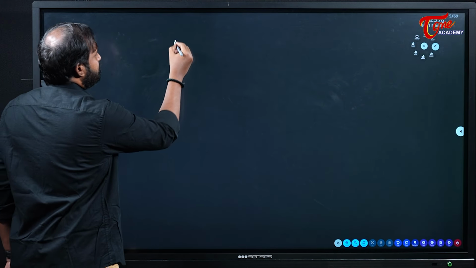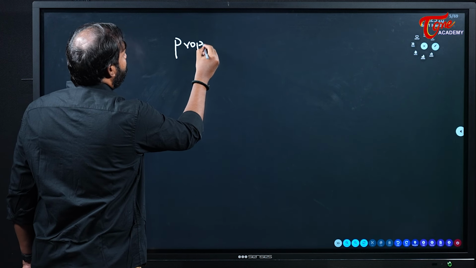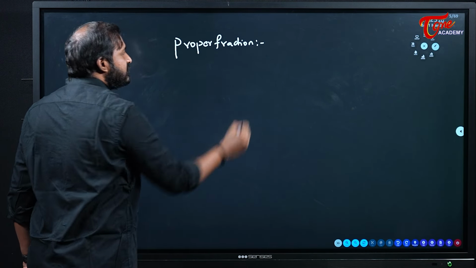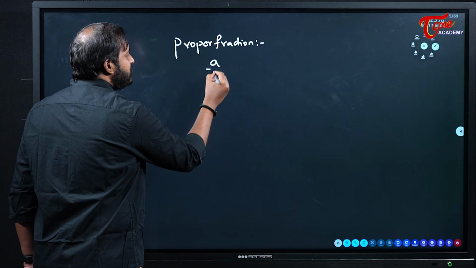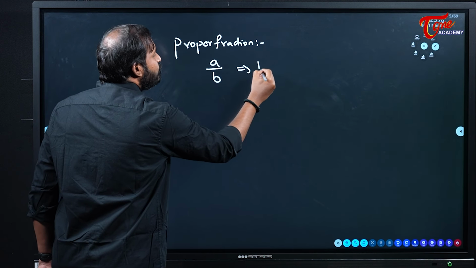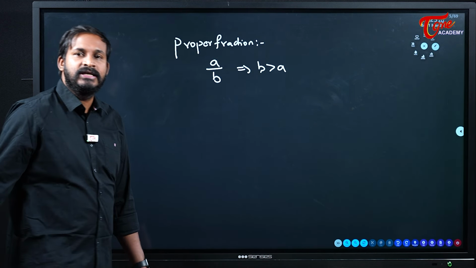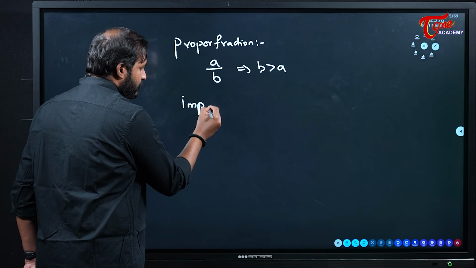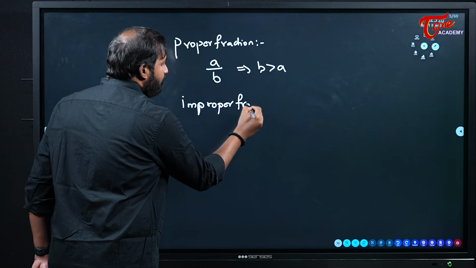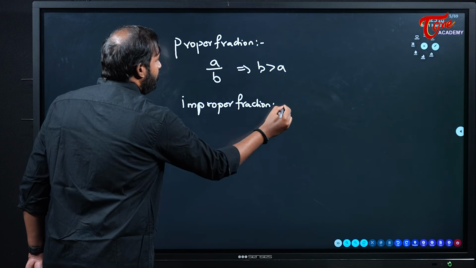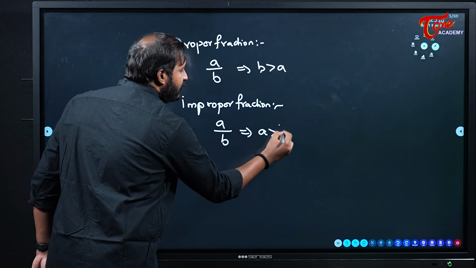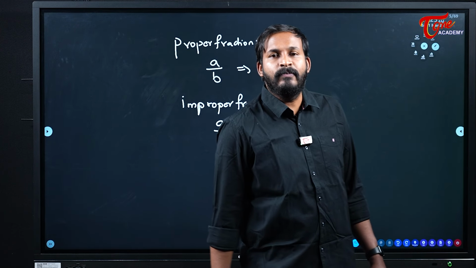So, what is meant by proper fraction? If my denominator is greater than numerator, that means if it is a by b, b should be greater than a, then we call that a proper fraction. Next, what is meant by improper fraction? A by b, if my numerator is greater than denominator, then we call that an improper fraction.